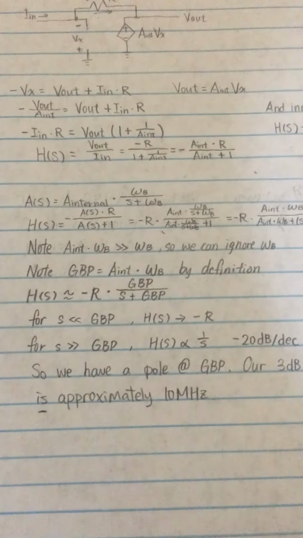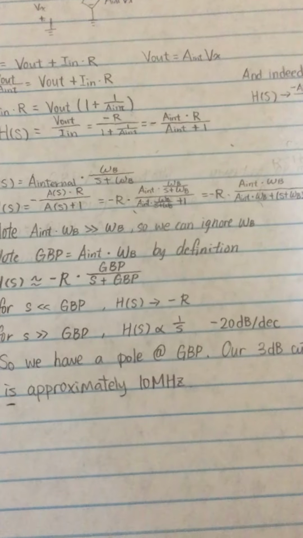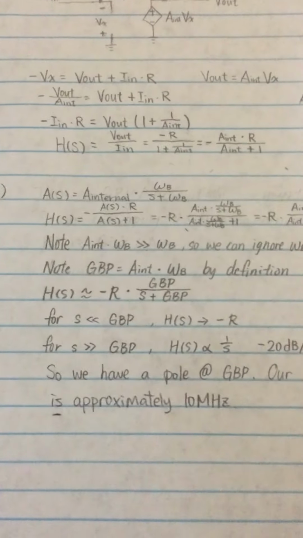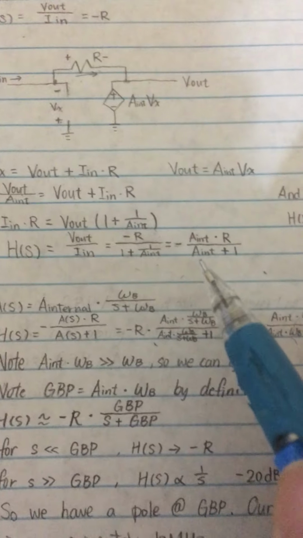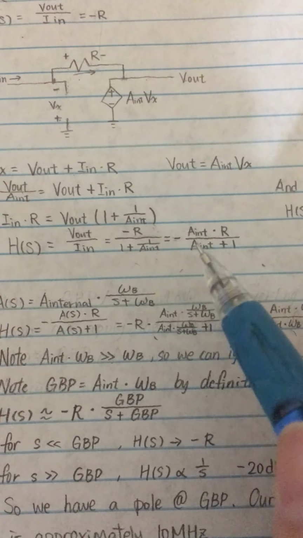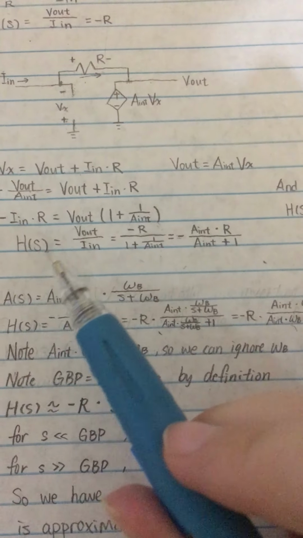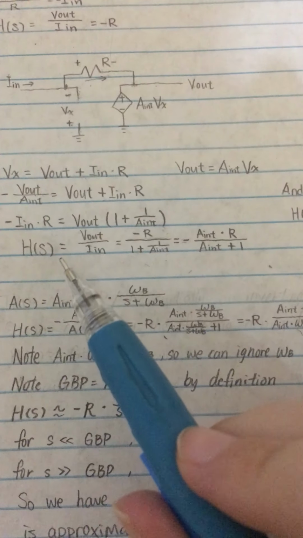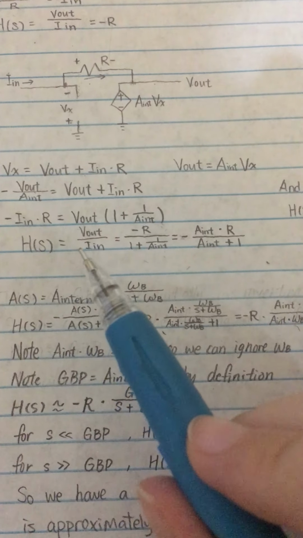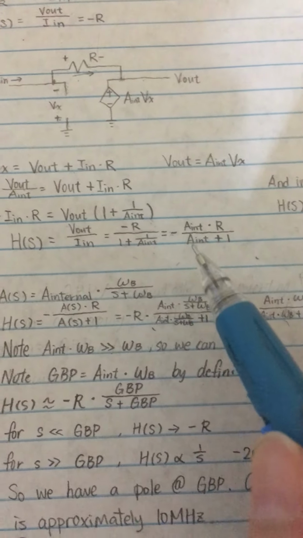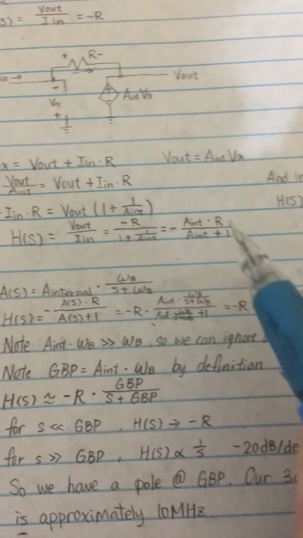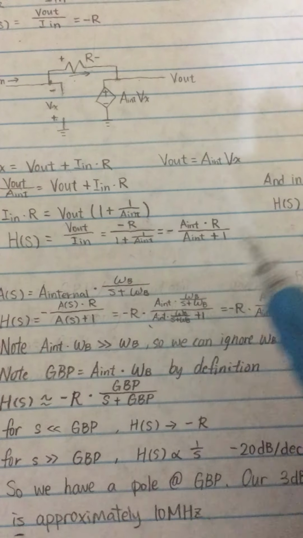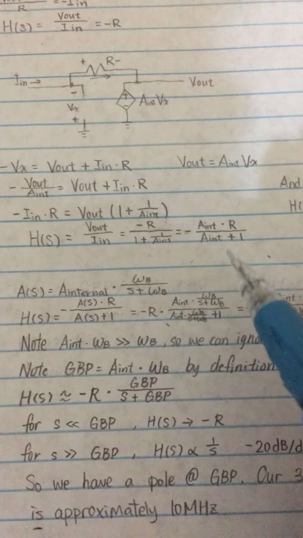And I think this answer is reasonable because if we look back at this equation, we find out that the HS will only be affected if A int is close to 1 or less than 1.